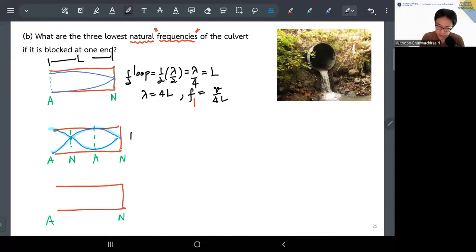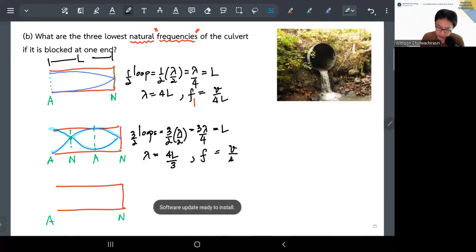You can write it as 3 half loops, which is 3 times lambda over 2 over 2, and that is 3 lambda over 4, equal to the length of the tube. So lambda is going to be 4L over 3, and your frequency is just going to be v over lambda. I flip the 3 to the top and I'm done.